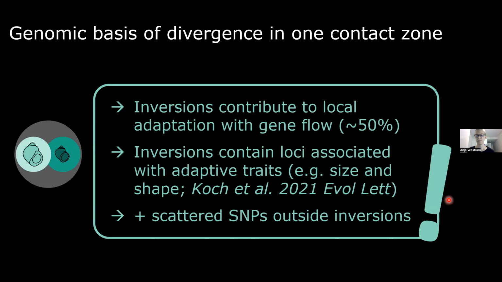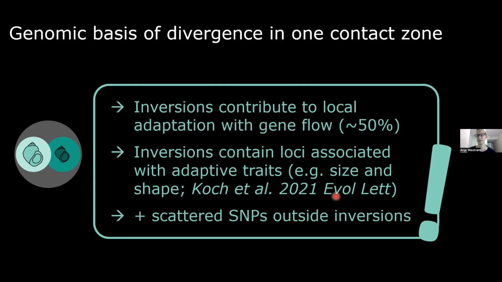So when looking at this one contact zone in the snails, what we find is that clearly inversions seem to contribute to local adaptation. In a separate study, we actually found out that they contribute to about 50% of the phenotypic divergence between the crab and wave ecotype.